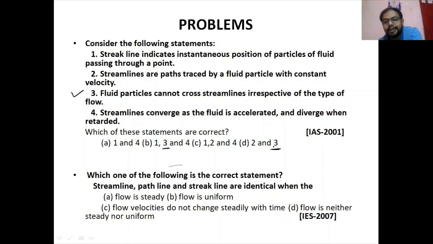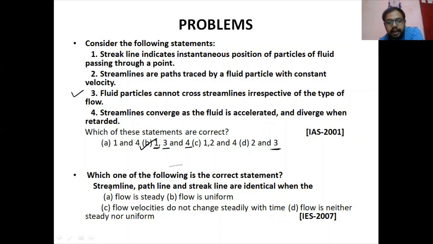So that is also a correct statement, so 1 is also correct. Some prior time it has passed a particular point. Next, streamlines converge when the fluid is accelerated and diverge when retarded. It is also correct. So B is the answer.